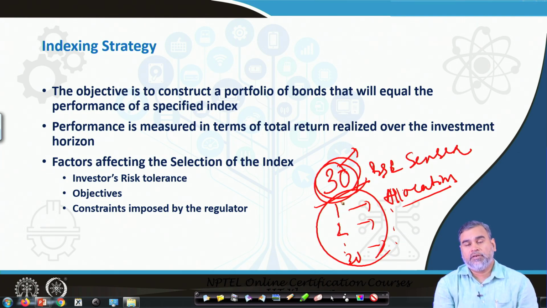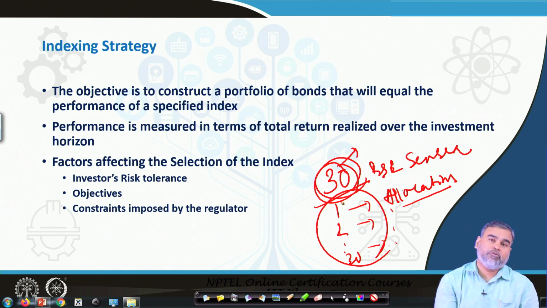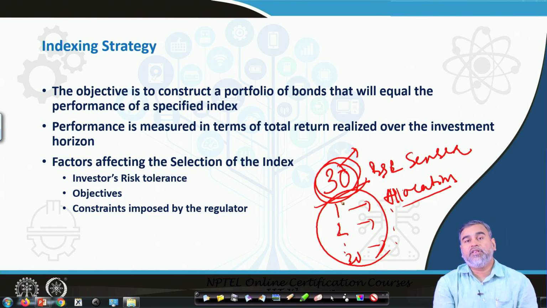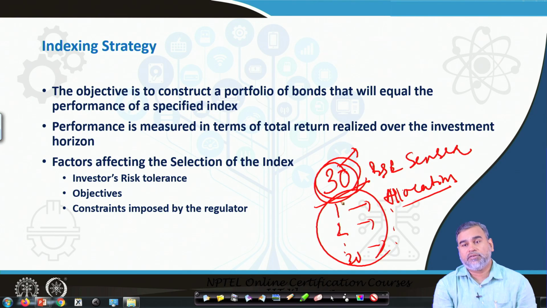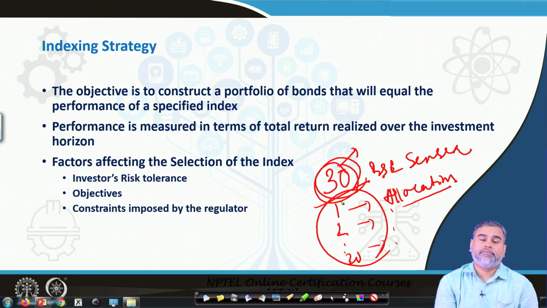dilemma. First of all, whether it should be an equity index or a bond index. If they want a bond portfolio, they can go for a bond index. If they have an equity portfolio, they can go for an equity index. And within that, there are many types of indices. Then which index should they consider? Whenever banks or any investor chooses the index, they consider certain factors. First is the risk tolerance limit: how much risk this particular organization can take.